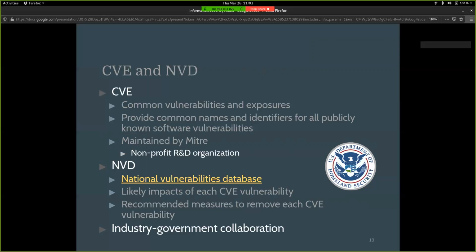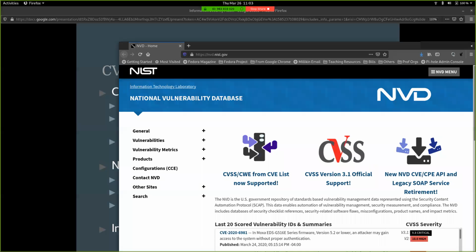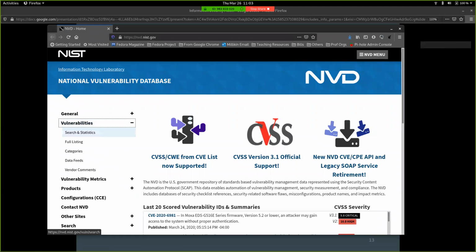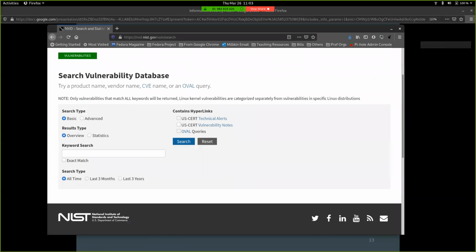And then those are also tied to the National Vulnerability Database, which is more of an industry-government collaboration that allows us to go out and search for specific vulnerabilities.